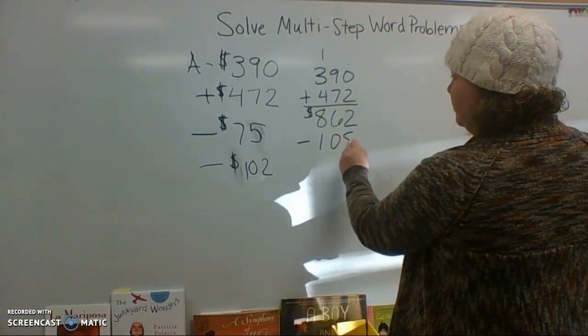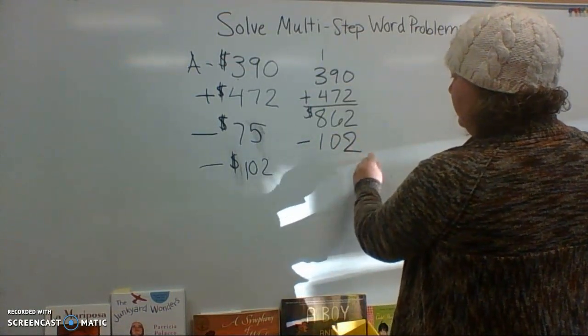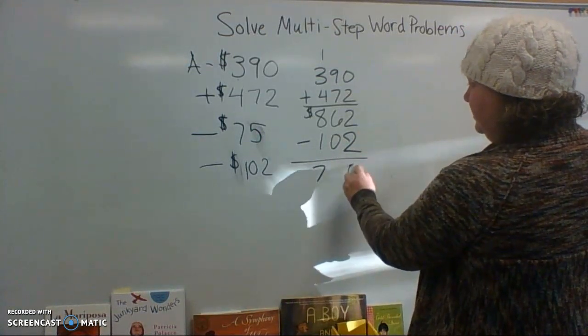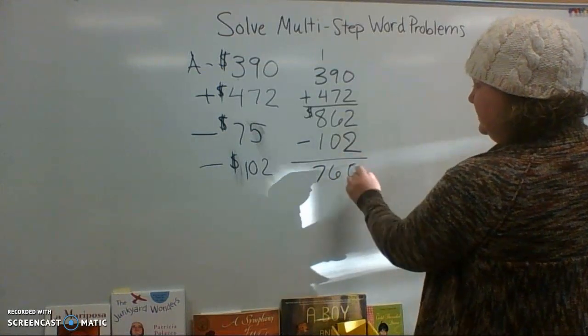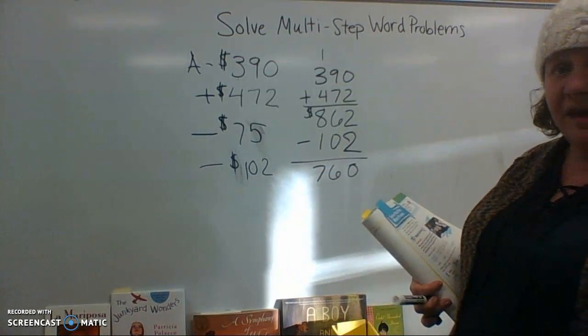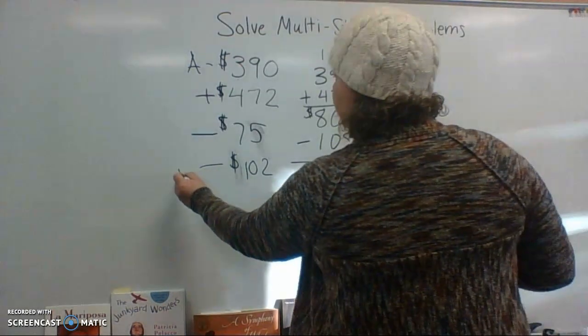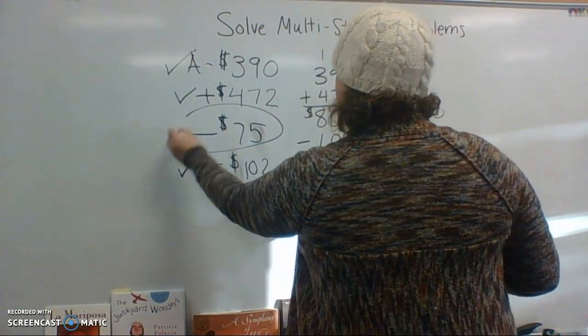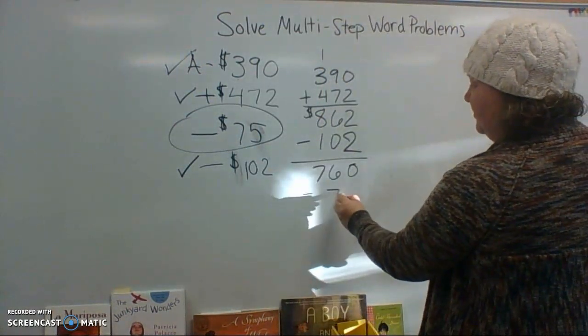So I'm going to take 102 and subtract that and get 760. Okay. And maybe I'll put a little check. I did that. I added those two together, and now I need to subtract my 75.